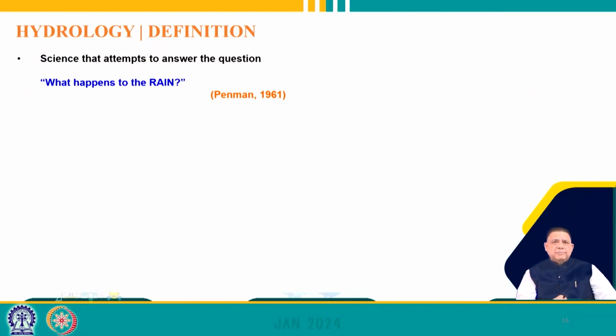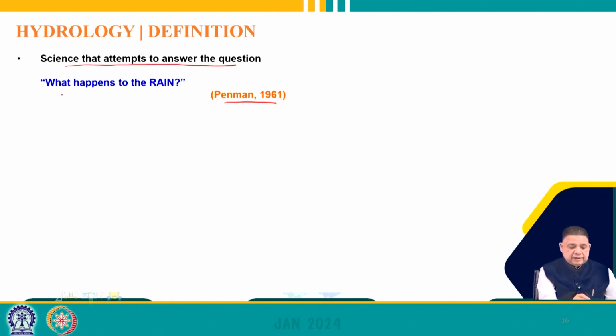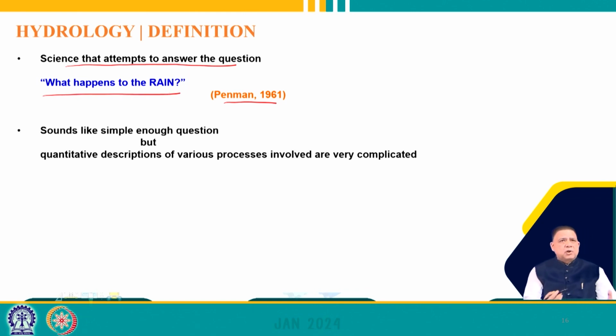But one of the simplest definitions of hydrology was given by Penman in 1961, and Penman defined hydrology as the science that attempts to answer the question, what happens to the rain. Now, we all know what happens to rain because we have observed rainfall occurs, it is intercepted by plants and buildings, it reaches the ground surface, flow starts taking place and several other processes occur.